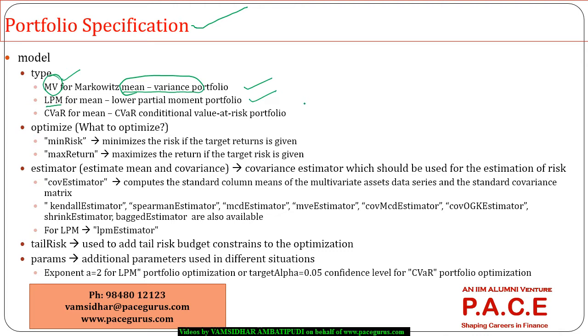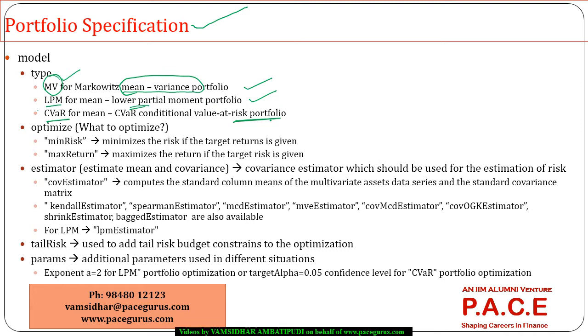So again, I'm creating a different kind of portfolio. I'm not going with the Markowitz portfolio. I'm going with LPM, which means mean lower partial moment portfolio. And when I'm going with CVAR, it means that I'm going with a conditional value at risk portfolio. So I'm creating three different kinds.